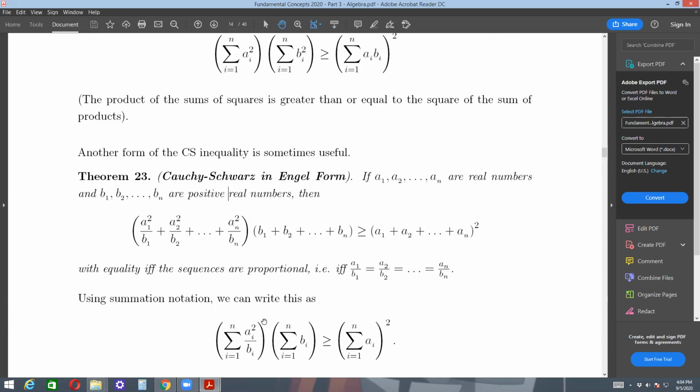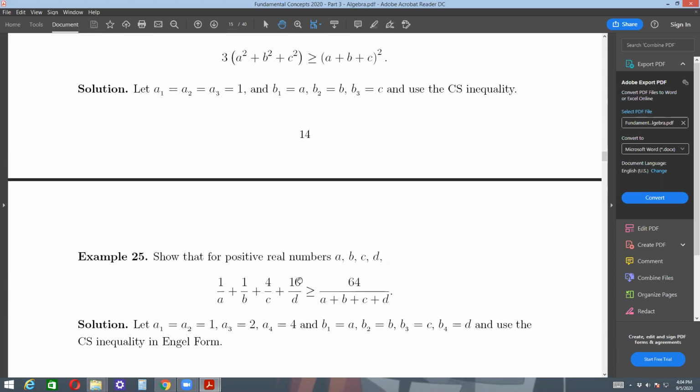Oh, it's squared. You're squaring them. So 1 over A plus 1 over B plus 2 squared is 4 over C plus 4 squared is 16 over D. That's how you get this.